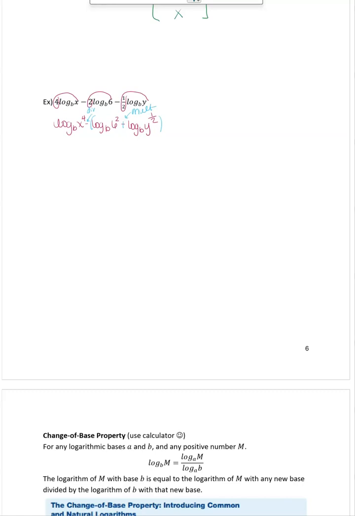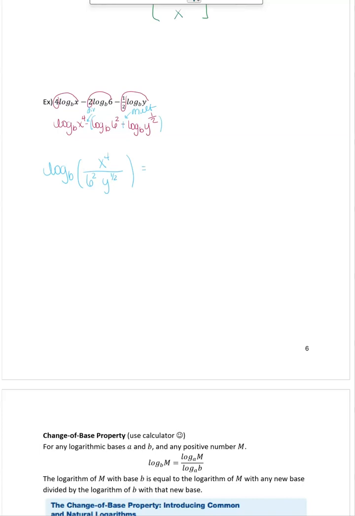Okay. So we're going to have one big log base b. So we have division because of this guy, and x to the 4th is first, so he goes on top. Now we're going to have 6 squared and y to the 1/2.